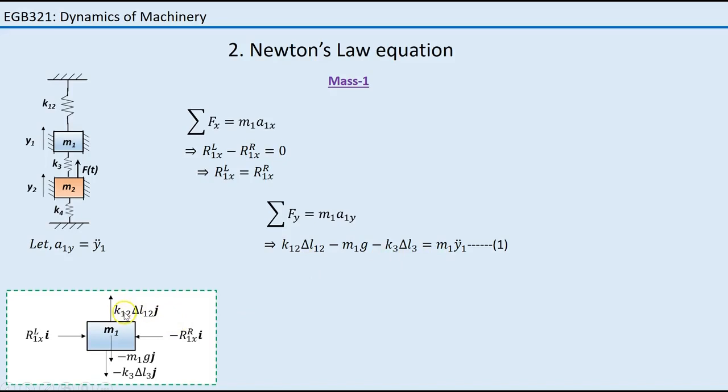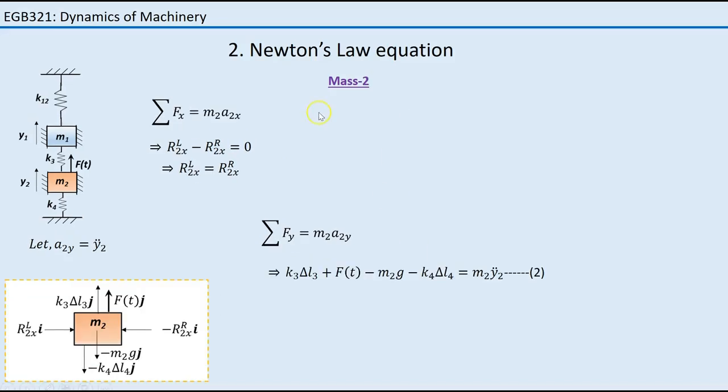So we write all the forces acting in the vertical direction. Because this is acting in the positive direction, we write K12 del L12, and these two are acting downward, which are negative, so we write negative M1g, negative K3 del L3, and that's our equation 1.